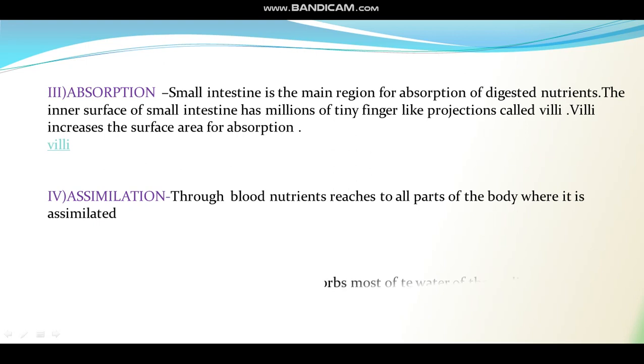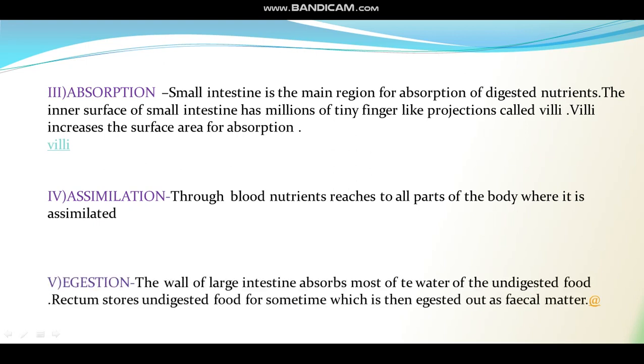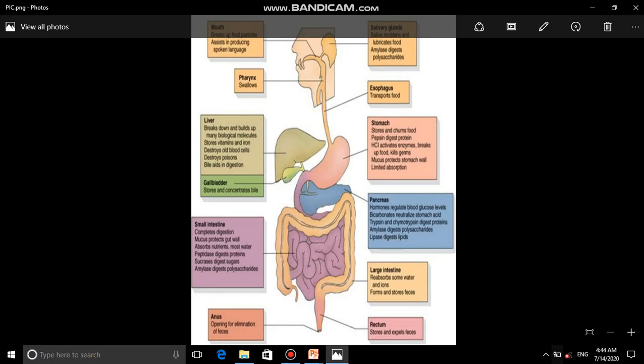And then finally we have the last step, egestion. Egestion means the removal of the undigested products from the body. Again we will understand it with the help of this diagram only.